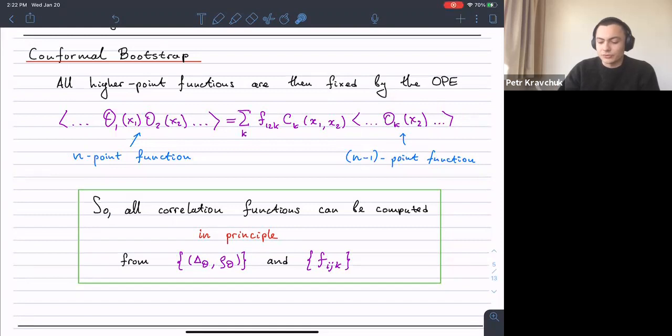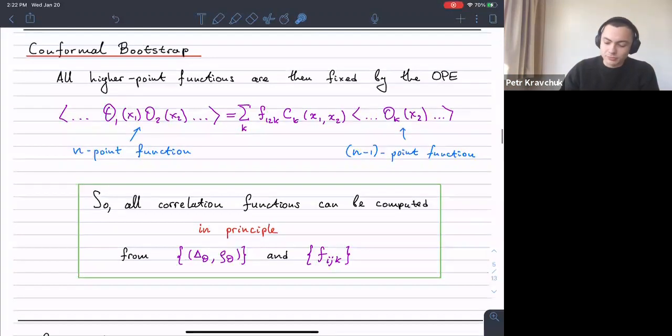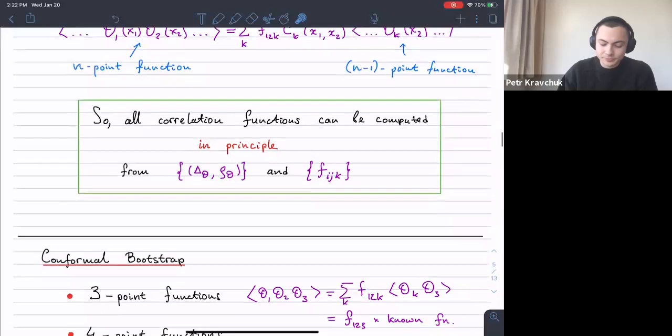And if you want to know the n-point function in a place where the OPE expansion doesn't converge, then you are in trouble and you have to find a way to do that. Because if you can only, for example, compute the sum on the computer, you don't know how to do this analytic continuation in general. And I'll explain an example of this a bit later.